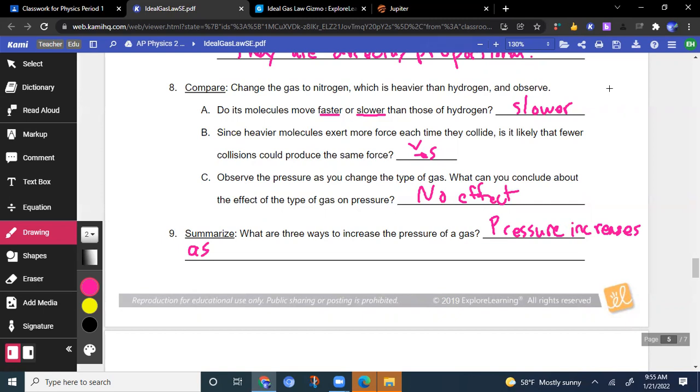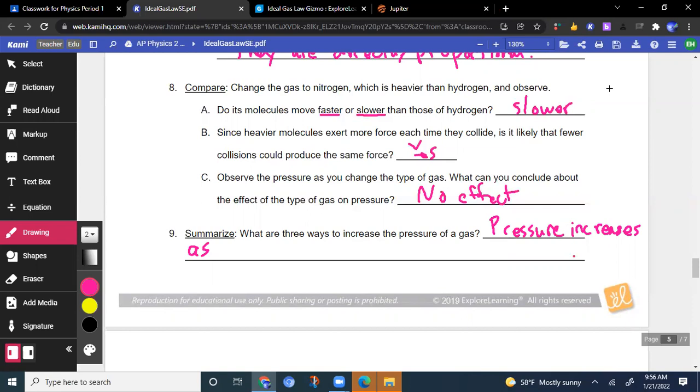Give me one way pressure can increase. If the volume does what? If the volume decreases. Good. Give me a second way. When the amount of gas increases. Give me a third. Temperature. Right. So the pressure increases as temperature increases, the amount of gas increases, and volume decreases.